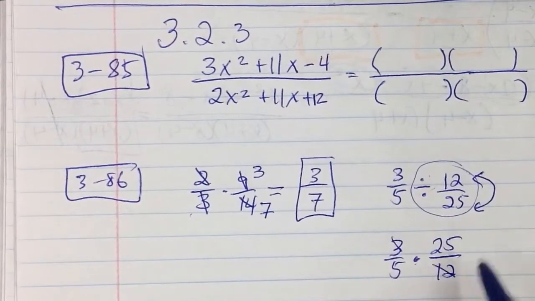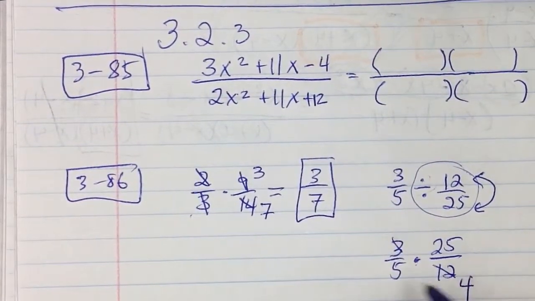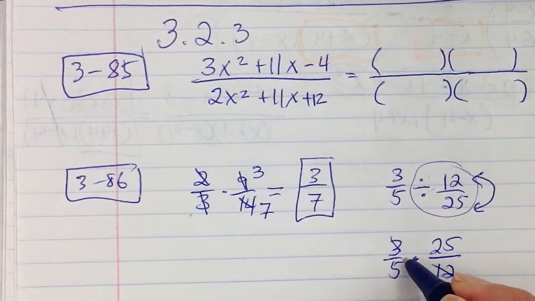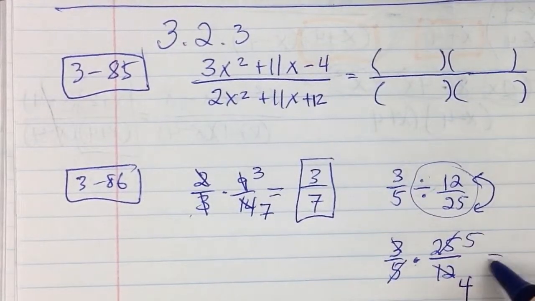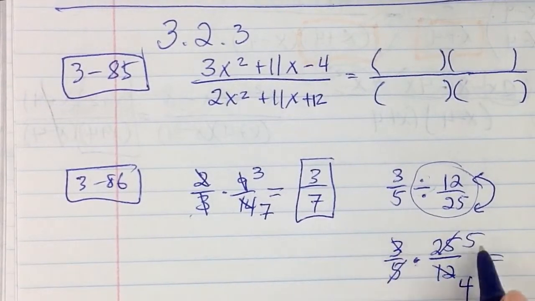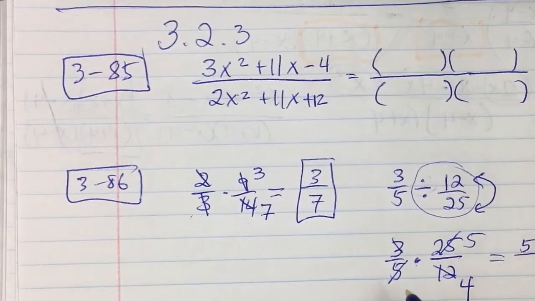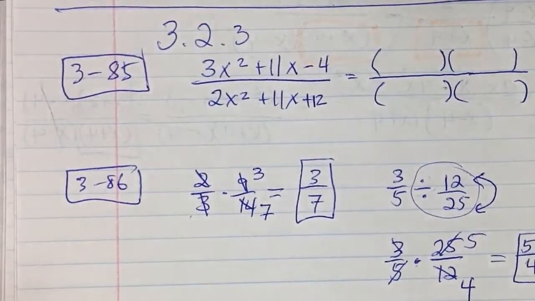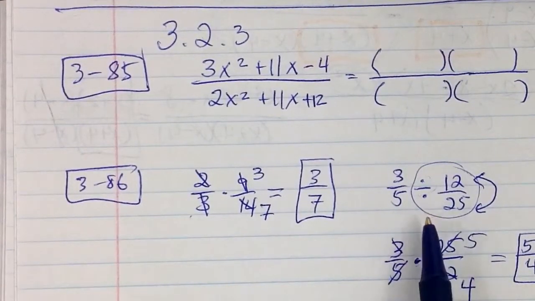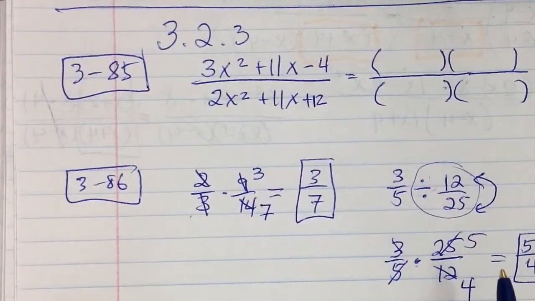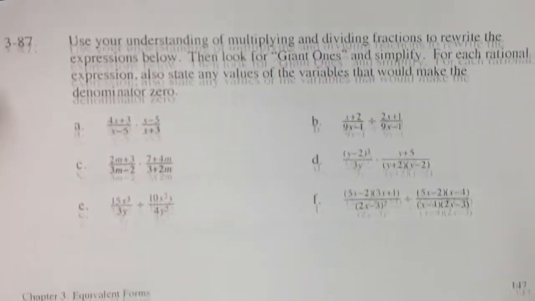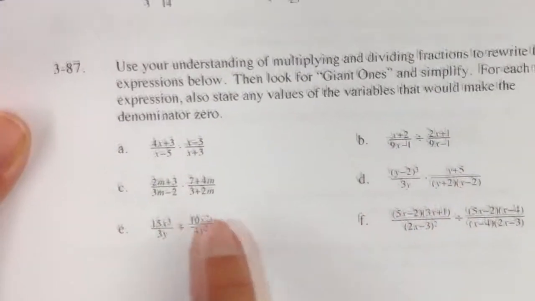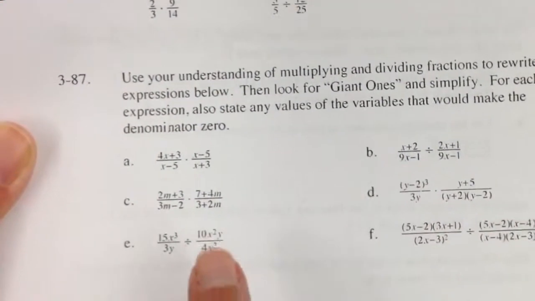3 goes into 12, 4 times, 5 goes into 25, 5 times, and then multiply straight across. 1 times 5 is 5, 1 times 4, 5/4. So no calculator, very easy when you cross-reduce. Always change division to multiplication and do the reciprocal. Okay, well, we learned that. Why are we doing that again? Because now we're going to apply it to these equations, okay?